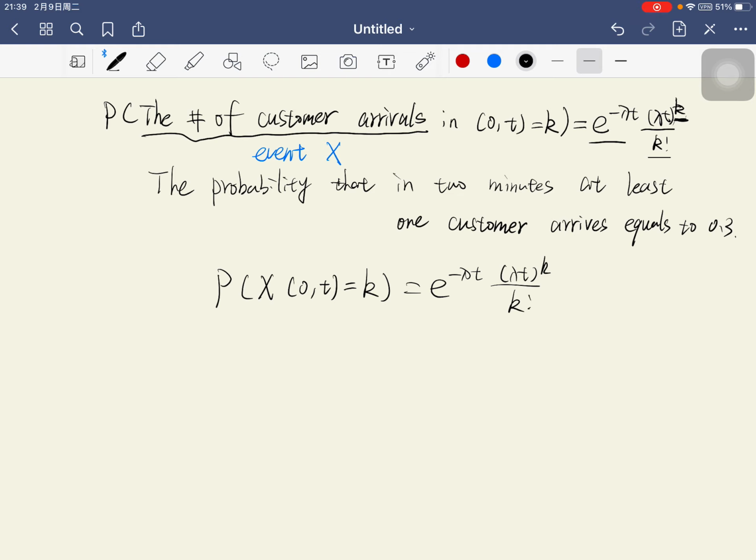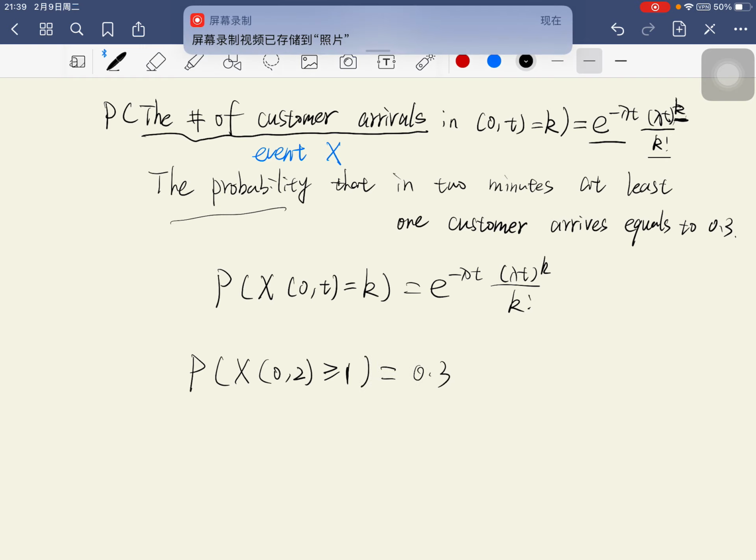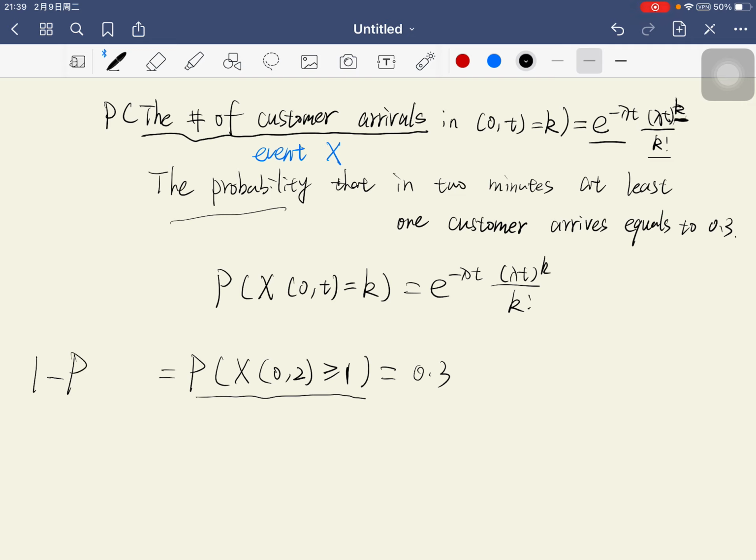In this condition, we could transform it as the probability of X in 0 to 2 minutes being at least 1 is equal to 0.3, which is also equal to 1 minus the probability of X in 2 minutes equals 0.